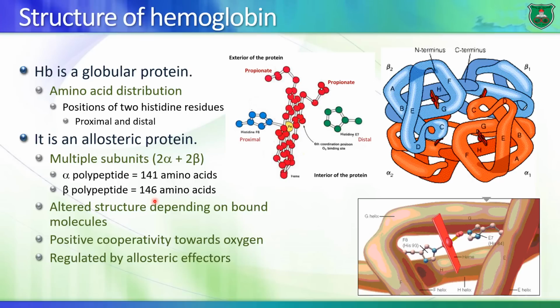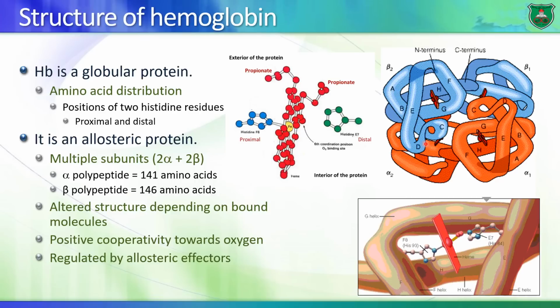So what happens here is that oxygen comes in, it binds to the iron, okay? And the structure of the hemoglobin molecule changes. When one oxygen molecule binds to one heme, to one polypeptide, the structure of this polypeptide changes, facilitating the binding of a second oxygen molecule to the second heme, and that would facilitate binding of a third one even further, and the fourth one, and so on.